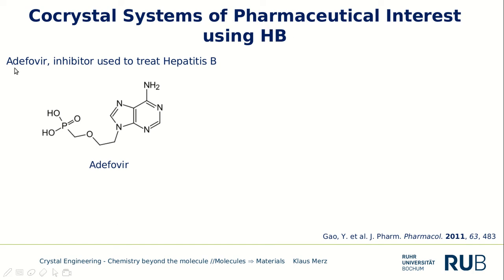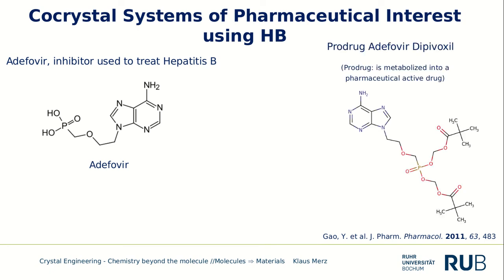This is an API, ADVO4. Yeah, this is used against hepatitis B. Well, this is the API. The problem is it decomposes very rapidly. So in the pharmaceutical industry, or in the health industry in general, we do not use this API, we use a prodrug of this API.